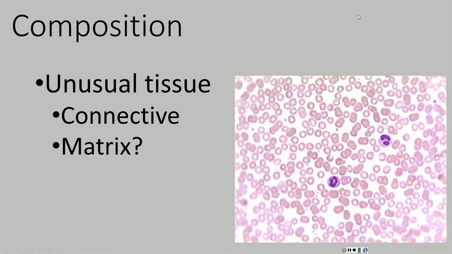So blood is an unusual tissue, and it is a tissue. A lot of people don't think of blood as a tissue because it's a liquid, but it is. It's actually a connective tissue. Why do we know it's a connective tissue? Think back to chapter 4 or 5, depending on when you took Bio 137, when you were learning tissues and you talked about connective tissues.